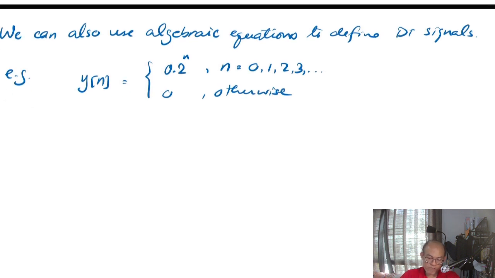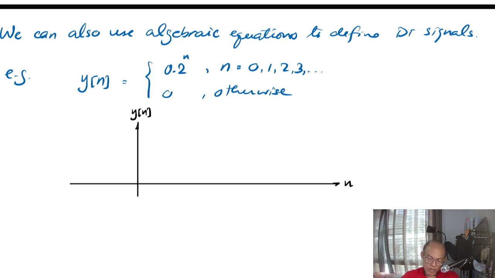In which case, if we want to plot a graph of this signal y, the graph would look like an exponential function, but it is a discrete time version. So if you plot only the envelope, the envelope would look like this, but the actual graph would consist of samples at discrete instances, like this.